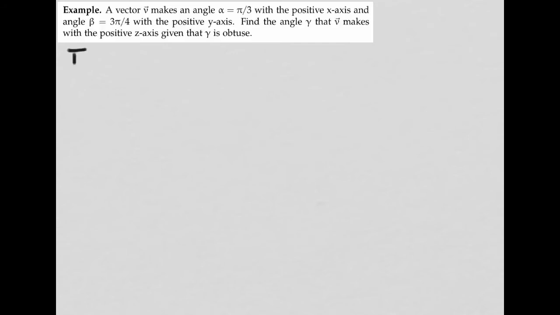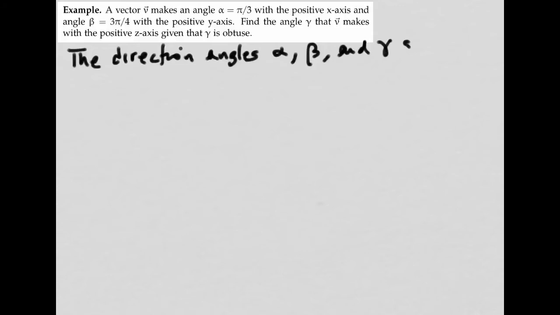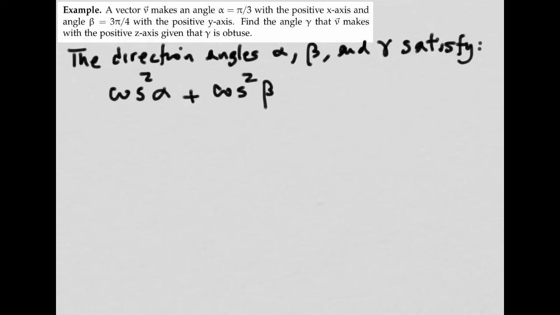The direction angles alpha, beta, and gamma satisfy the equation cosine squared alpha plus cosine squared beta plus cosine squared gamma equals 1.